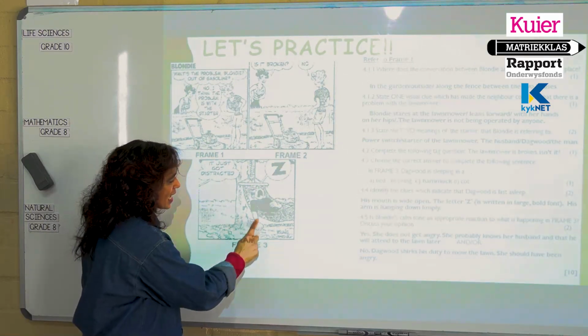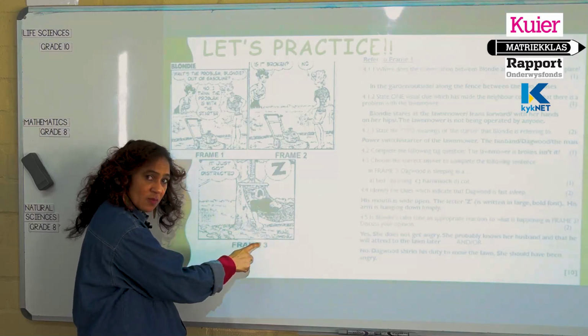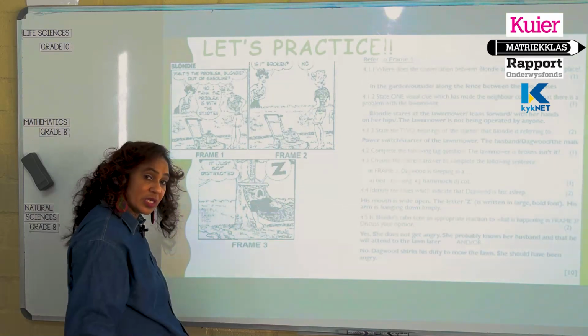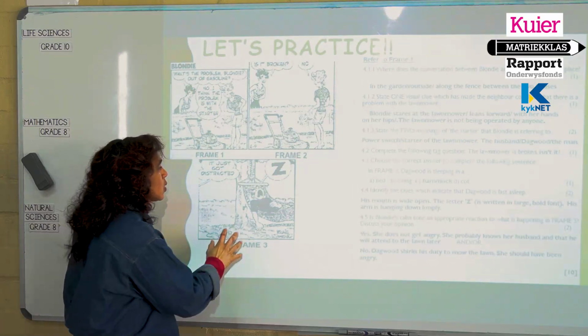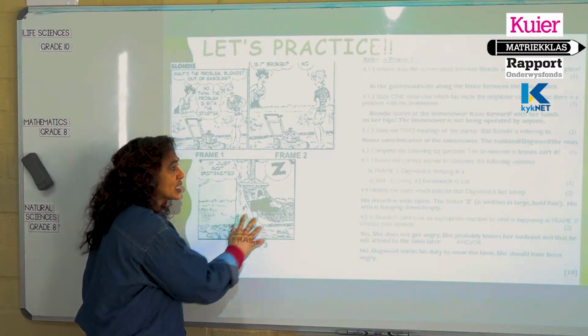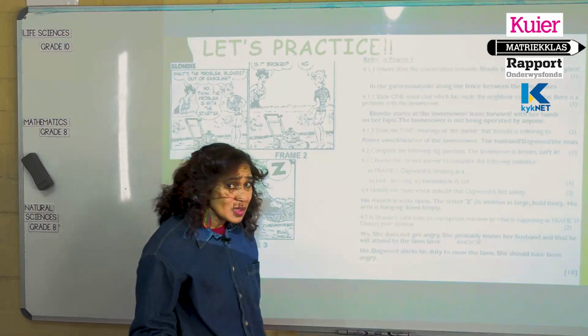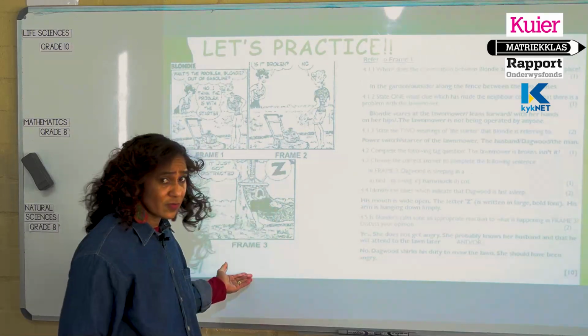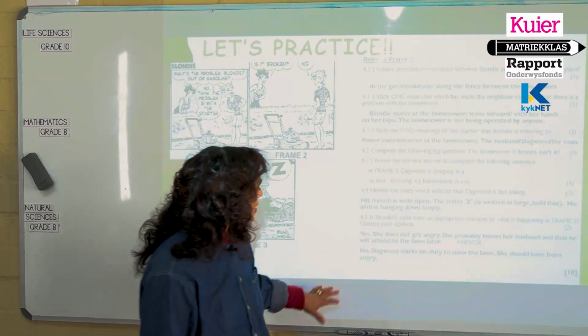His hand is lying limply at the side, which means he's unconscious, if I can say so, because he's sleeping. Those are all visual clues. This is also a visual clue. There are obviously no verbal clues because nobody's talking, because he is fast asleep. So make sure that you focus on that.